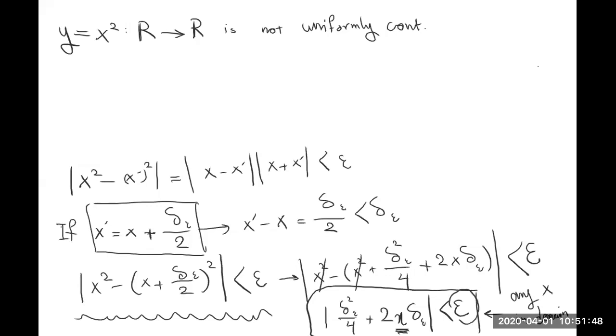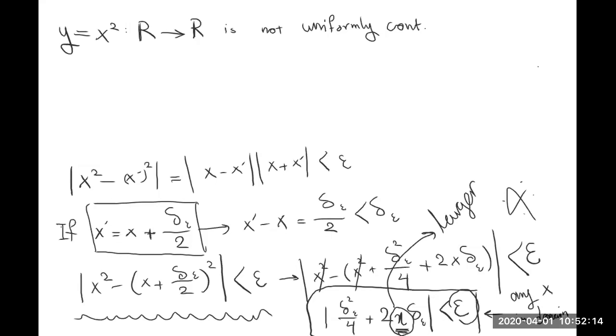There is no bound on x. We can make this x larger and larger. It can be any point in the domain, and the domain is not bounded. Therefore, we can make x larger and larger, and this thing times something else plus another positive number is not going to be smaller than epsilon. So this is not correct.